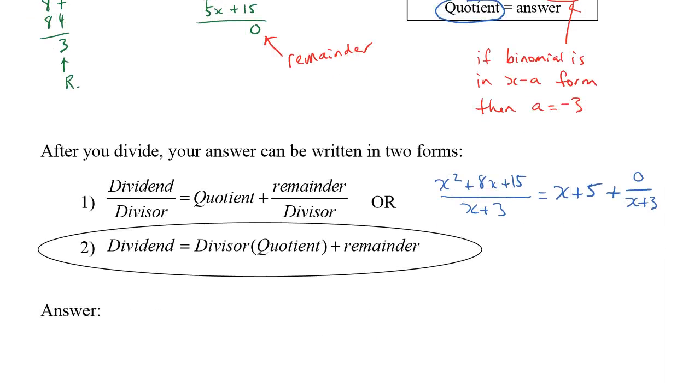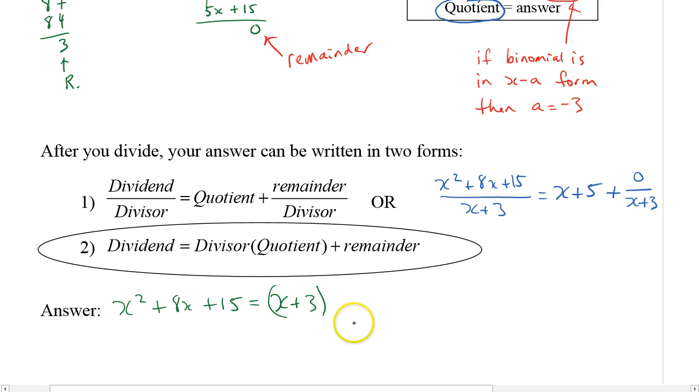If we write it in that form, our dividend, that's what we started with, x squared plus 8x plus 15, would be equal to our divisor, which was our x plus 3, multiplied by our quotient, which was our x plus 5, plus the remainder, which was 0.